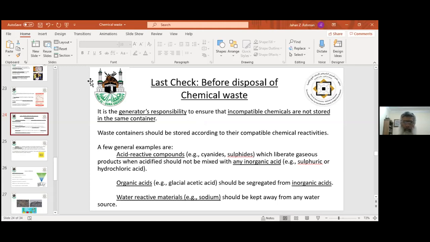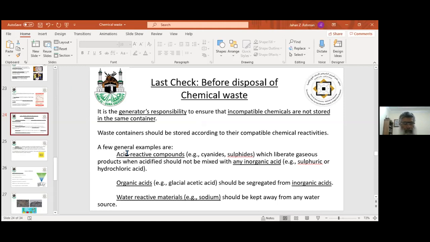As I gave you the example, methanol, toluene, and chloroform are placed in the same container because they are all compatible chemicals. They do not put incompatible chemicals into the container, and the reasons are here.